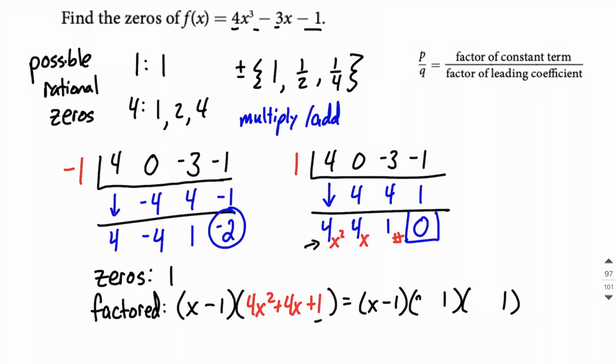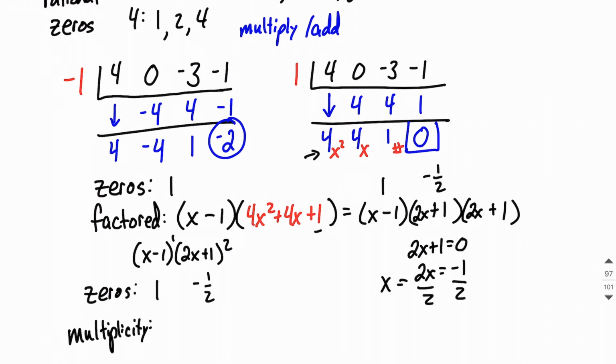Because our exponents here are different, we can maybe talk about the multiplicity. The multiplicity of each 0 is going to be based on the exponent that each one of these factors is raised to. So because the first one's raised to the first power, it has a multiplicity of 1. Because the second factor, that negative 1/2, that 0 came from the factor 2x plus 1 that can be written as raised to the second power, it has a multiplicity of 2.